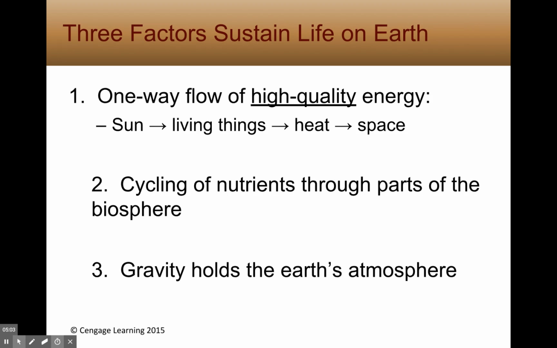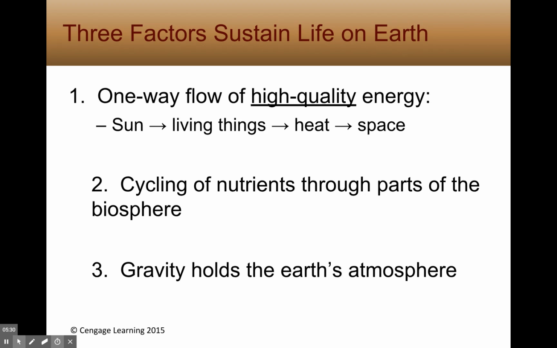And it's important because of the greenhouse effect: living things are giving off heat, and that also helps keep Earth warm enough for life. Some of it gets radiated out into space, and some of it gets trapped so that we can keep the Earth as warm as we need it.